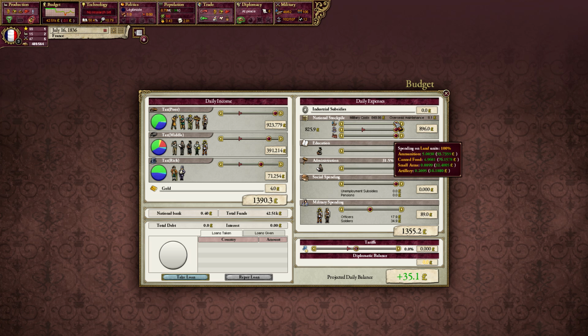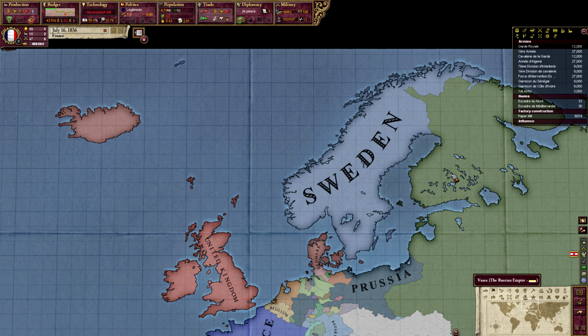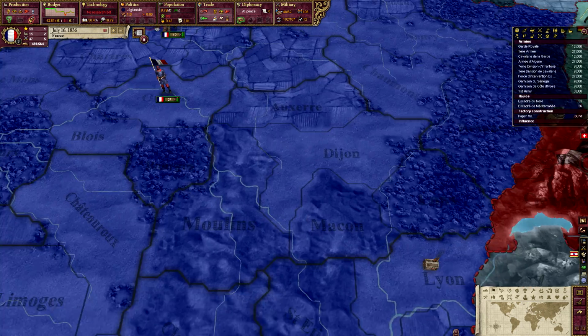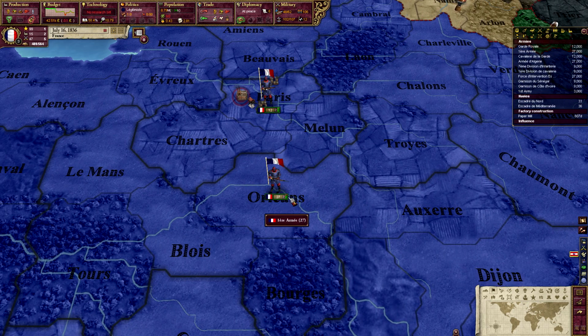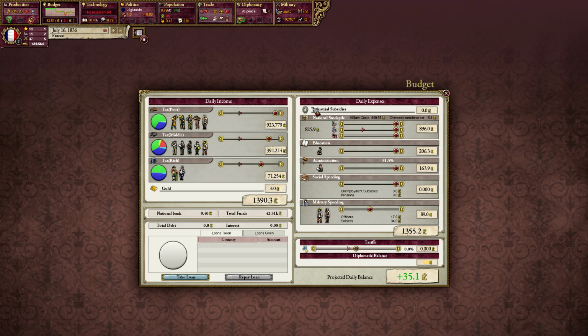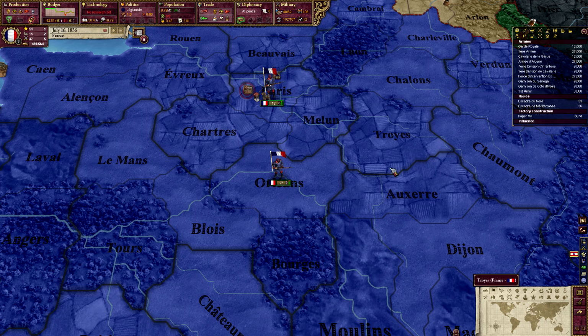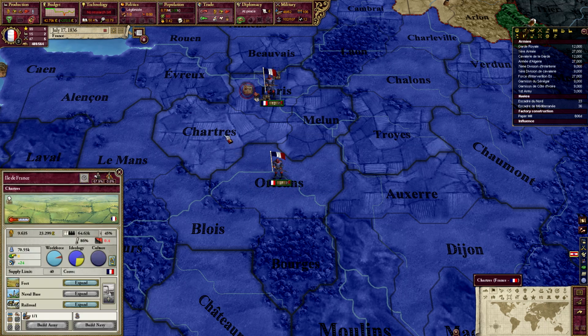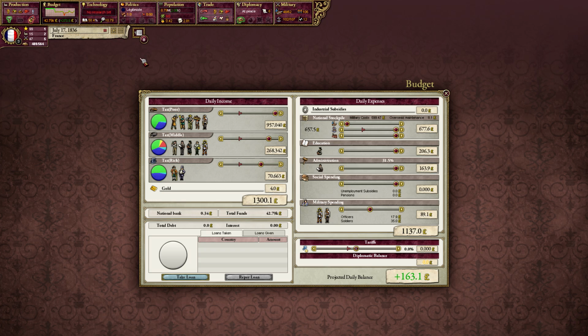So land units, a good way to explain this is if we back out and go to France, you can see here's an army I have, and this green bar is almost filled. And that means they have the majority of what they need in terms of like ammunition, food. And you can see if I lower this and play ahead, that goes straight down, which means they won't be as good in combat, they'll be more likely to run away, and they'll just be all round worse. So it's very important to keep this as high as you can.